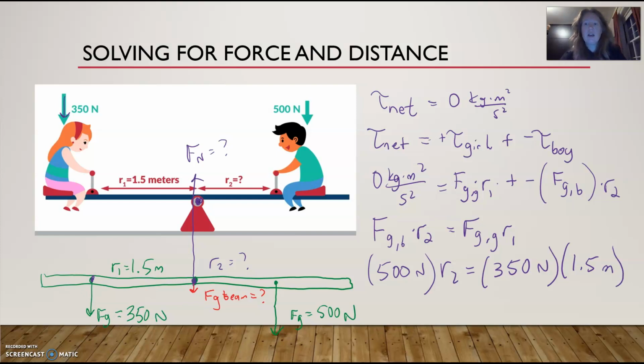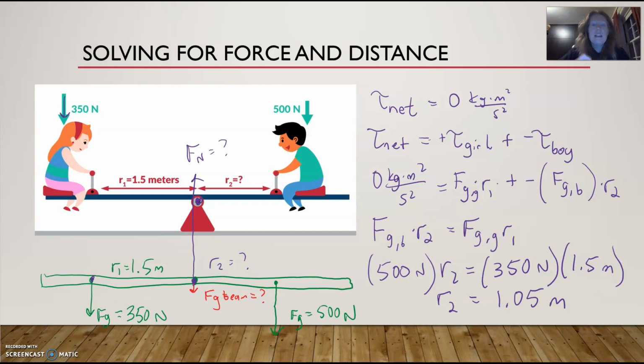Okay, so then I can divide and get this answer. Let me pause. Okay, I got 1.05. I don't know what you got, if you tried that. Okay, so that seems to make sense. We expect the heavier partner here to have to sit closer to make this balance. I don't know if you've had experience with seesaws.